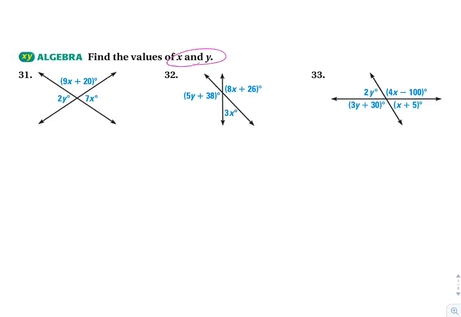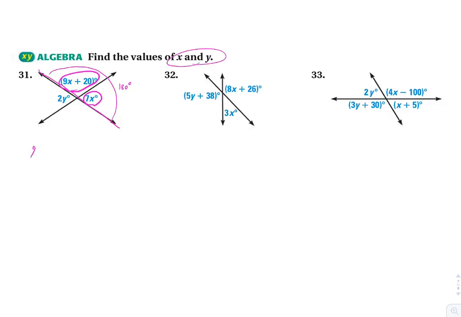So let's re-look at this and cleverly say, oh, well, here's something with x's and here's something with x's. Do we have a relationship between those two? Because I'd prefer a relationship between those. Oh, you know what we do? They're a linear pair. They add up to 180 degrees. They're both adjacent and supplementary, so they're a linear pair making that straight line.